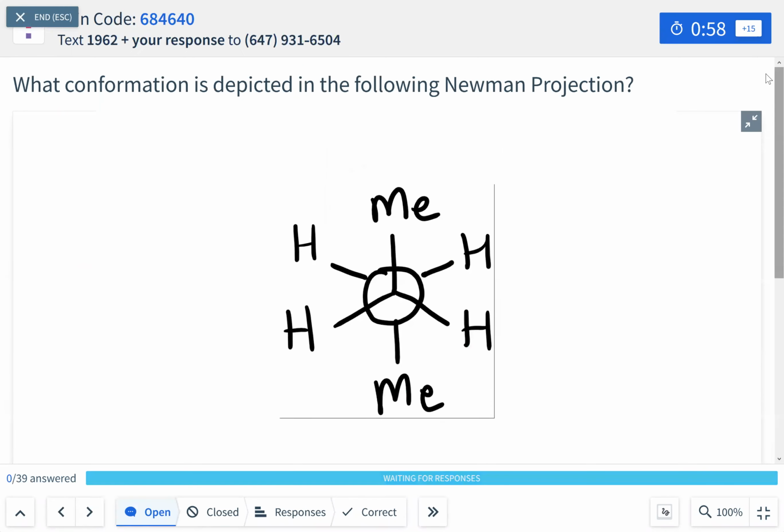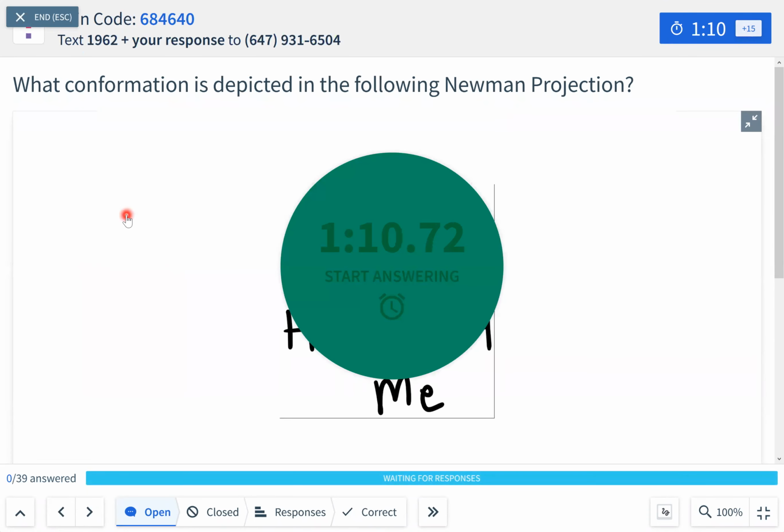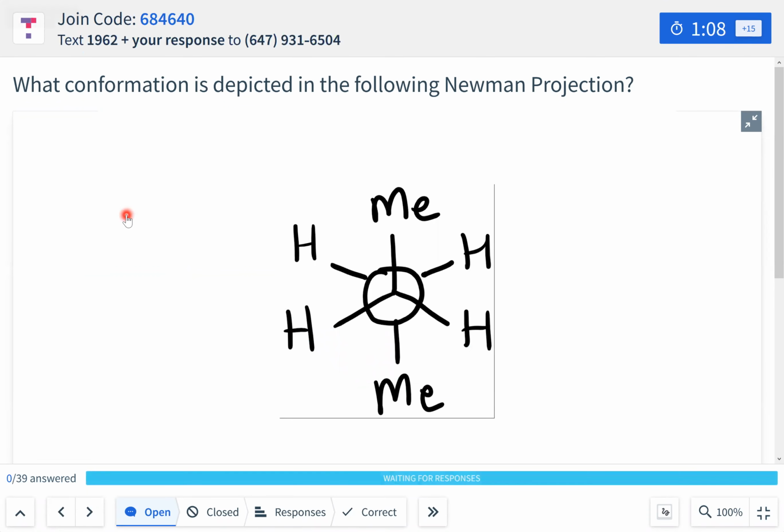Now there are special names for some of these conformations. What is the name associated with this one?